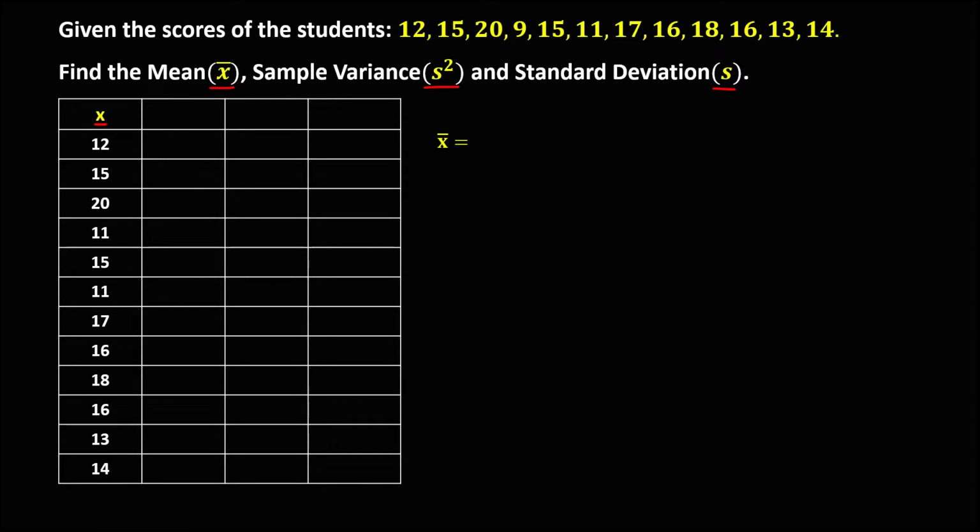Then to find the sample mean, we use this formula: the sum of the samples over the sample size. To find the sum of the samples, just add all the scores.